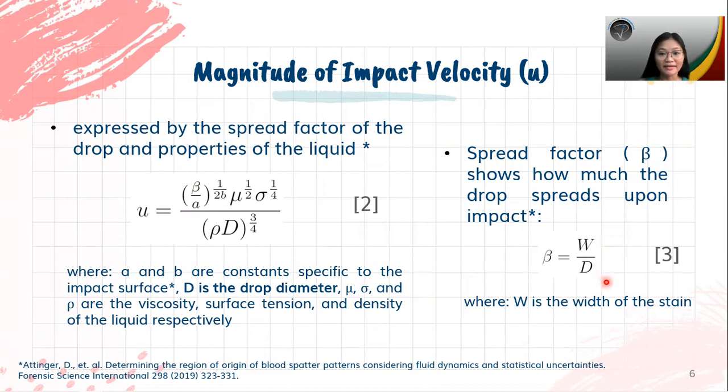It is also dependent on the properties of the surface, which can be expressed by the constants A and B. Note that in this study, I used literature values of a cardboard stock for A and B. Now, these literature values came from a previous study by Attinger et al.